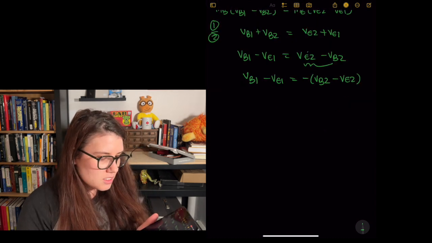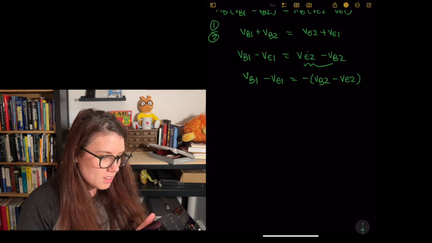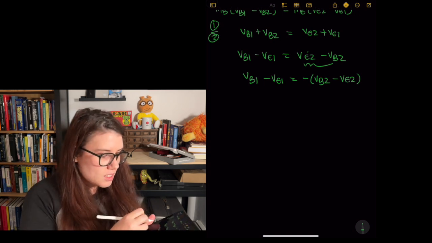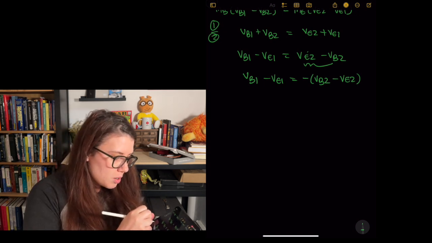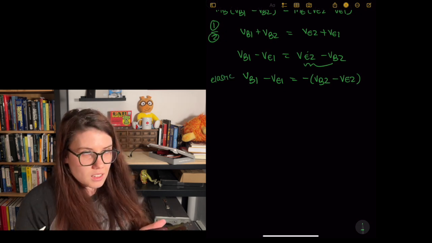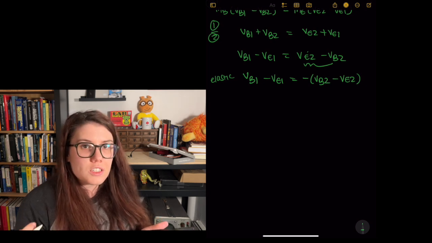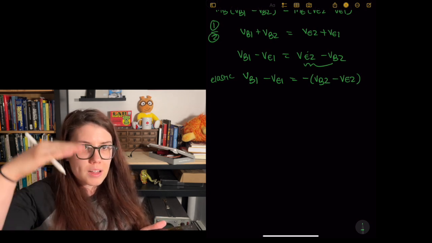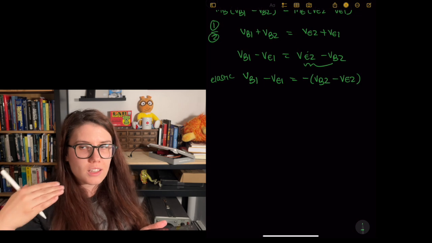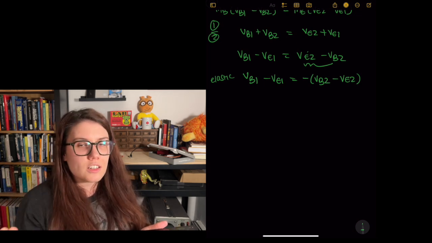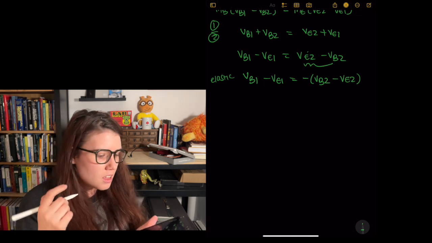Okay, so now what I want to do is think about our problem again. So this is true for a perfectly elastic collision where kinetic energy and momentum are conserved. In our case, we know that that's not true because the ball will bounce up to a lower height and eventually it will stop bouncing. So the energy has to be going into the collision.